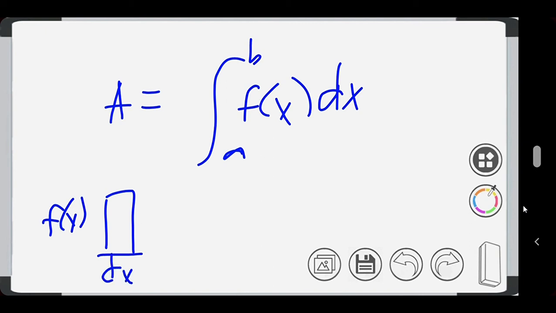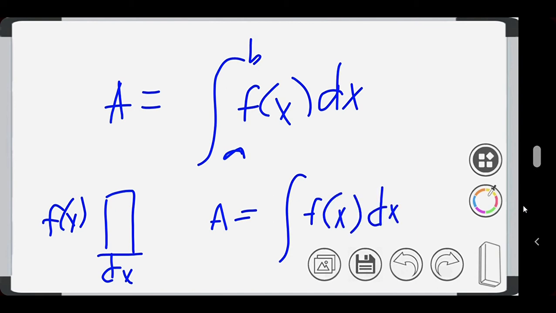You multiply base times height, and you have a single area of an infinitesimal rectangle. To take the sum of all those rectangles, you just integrate those areas, f of x dx, evaluated from a to b. Okay, and that's it.